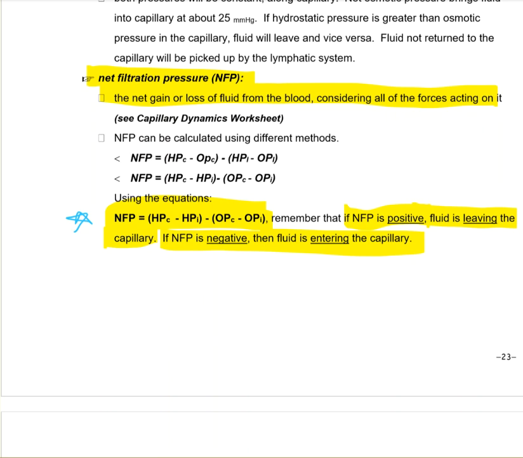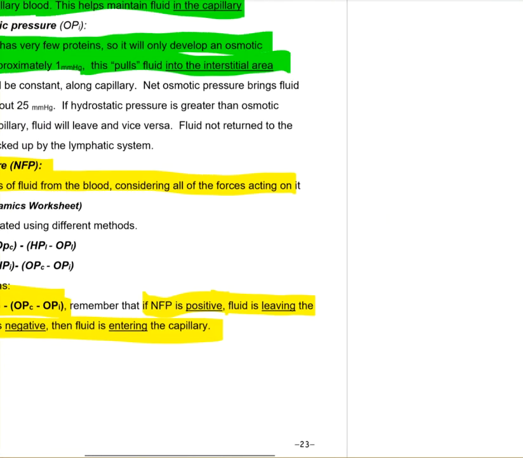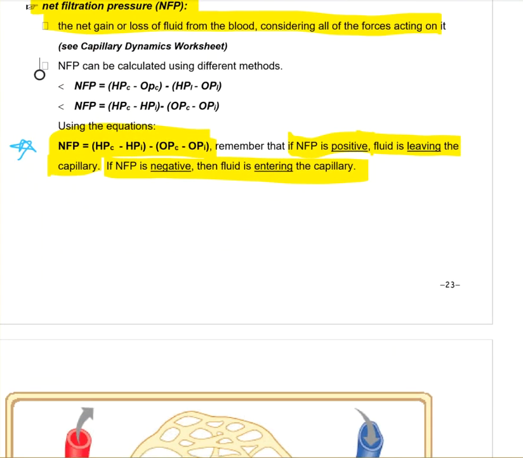So let's do the math over what we just did using the numbers that we had here. So we had for HPC, and you can just go over, if you were writing this out, you can go look, and we say 35. Okay, so we say NFP equals 35 minus HPI, which was 0, minus 26, which is the capillary osmotic pressure, minus 1.